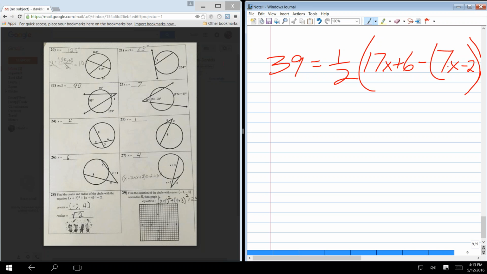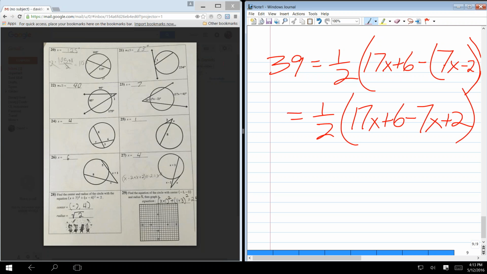Notice that by adding the parentheses, because this is the full arc that's being subtracted, that -2 turns into a +2. Now we have 1/2 of 17x plus 6 minus 7x plus 2.